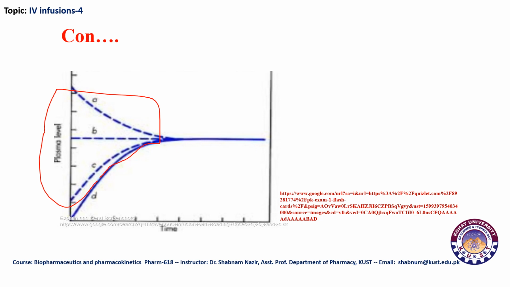Then it is a possibility that it will take sufficiently longer to achieve the steady state level, or maybe like this. But in case of this concurrent administration, it gets really easy, and the steady state level is immediately attained.